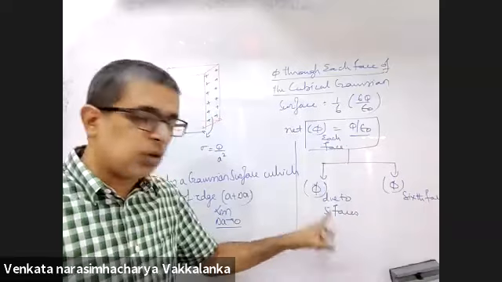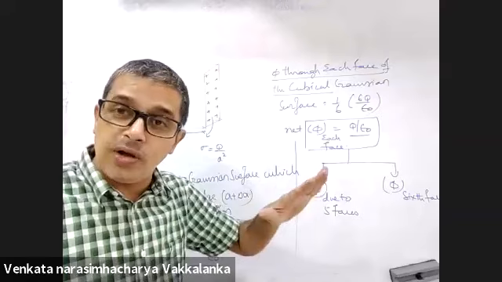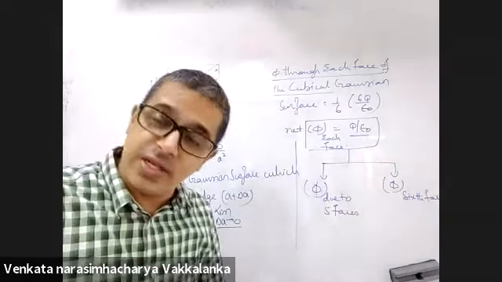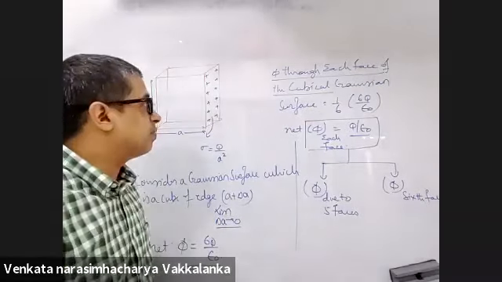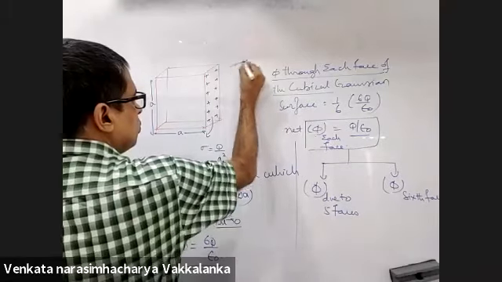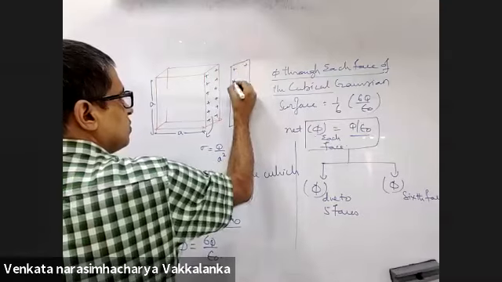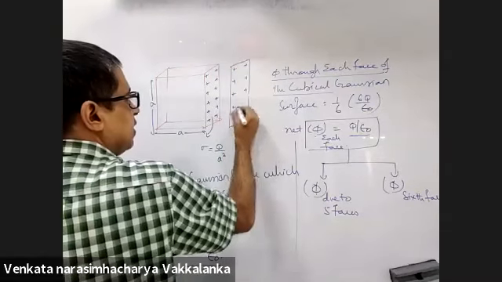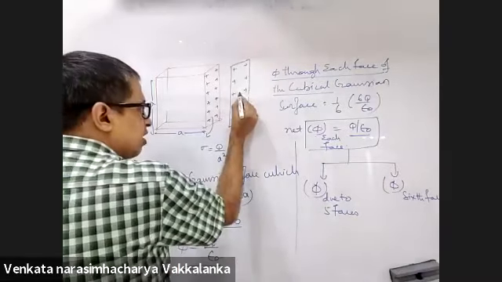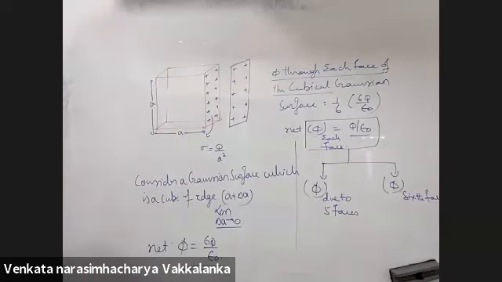This flux is due to the whole of the cube on one single face of the Gaussian surface. Agreed? The whole cube will give me a flux of q by epsilon naught through this face.